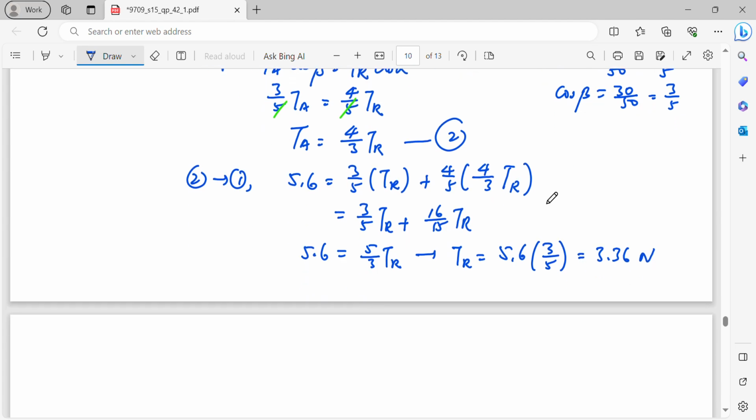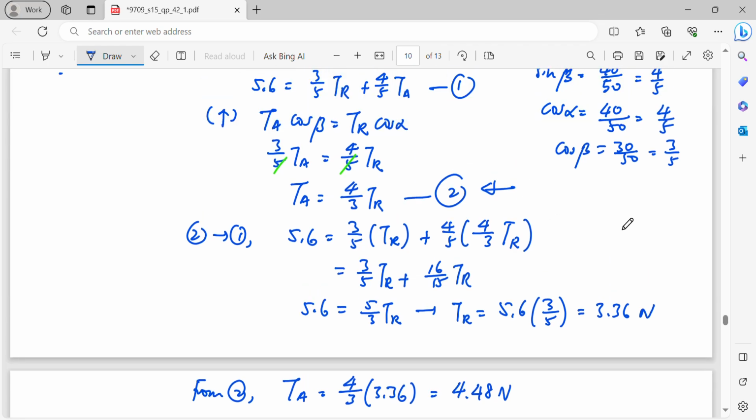And then now from the second equation, I can get my TA. So from the second equation, my TA is going to be 4 over 3 times 3.36. Therefore, you will be getting 4.48 newtons. Okay, so I have found two tensions.